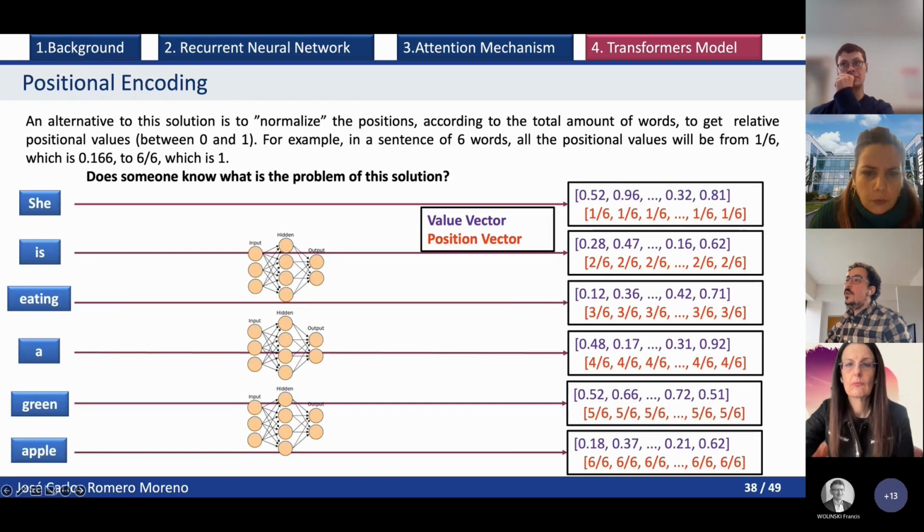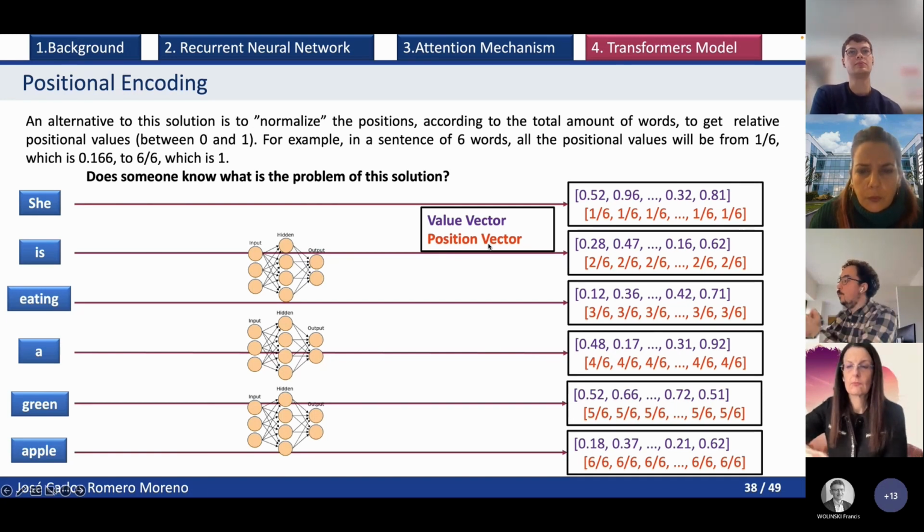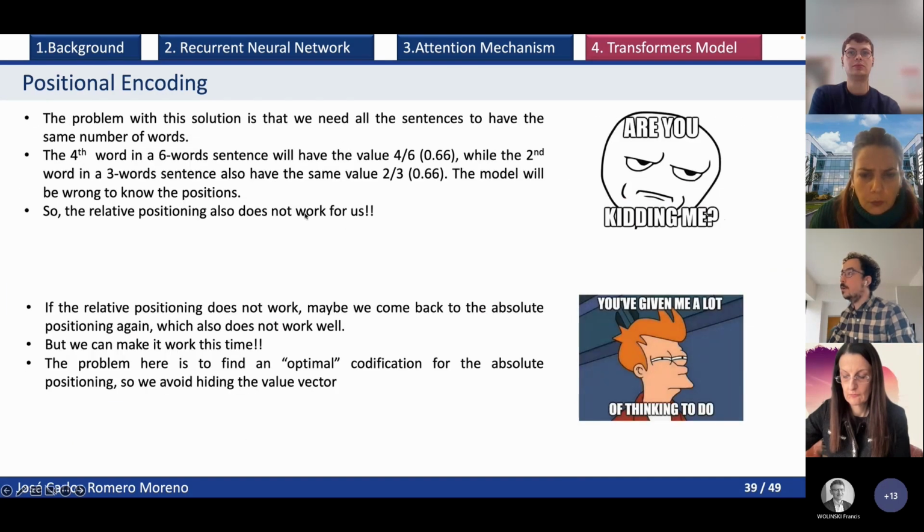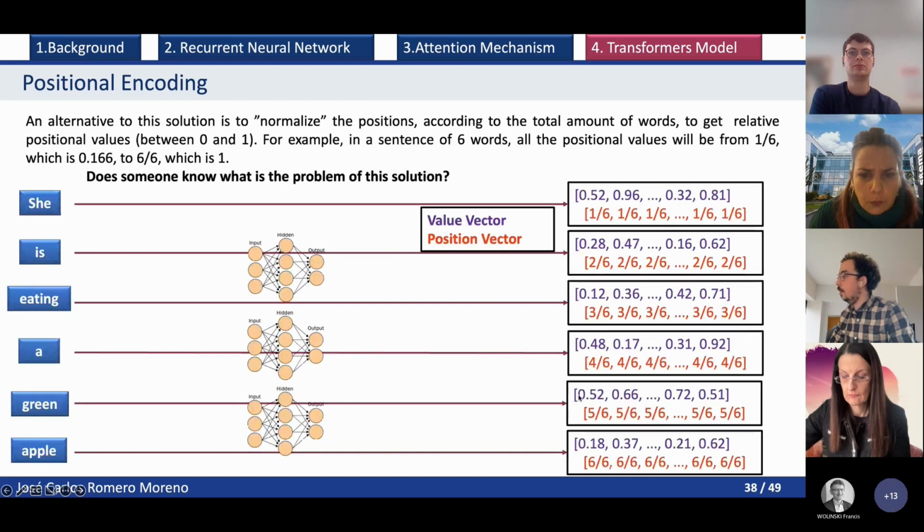Okay, so maybe you can say, okay, another solution could be what is called relative positioning, which is basically that instead of assigning one natural number to its position, I just take the total number of words. For example, I have 6. I divide each number by the total amount, and I have like a percentage. Okay, 1/6, 2/6, 3/6, etc. This way, when I combine this, I am not losing the information of the word.